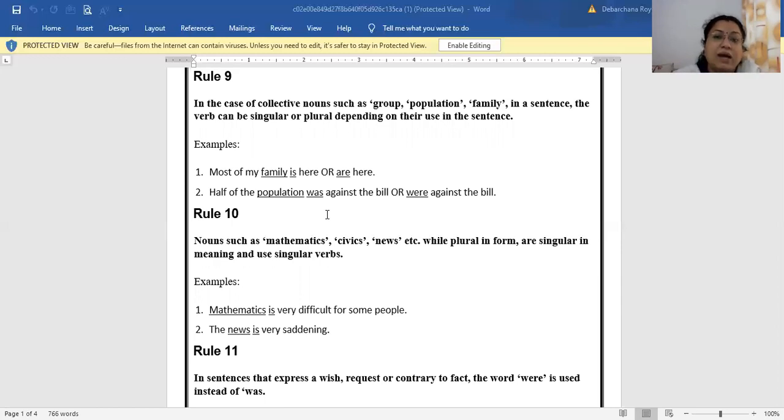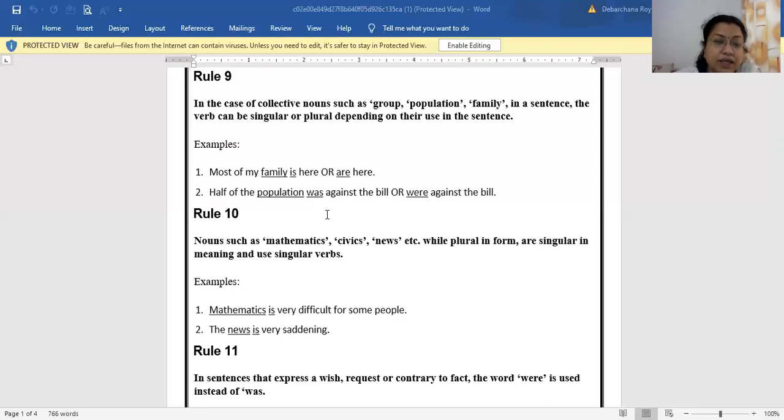Now we move to rule number 10. Nouns such as mathematics, civics, news, etc., while plural in form, are singular in meaning. Yes, looking at the word it seems plural, but if I ask you the meaning, it is actually one meaning only, and use singular verbs.